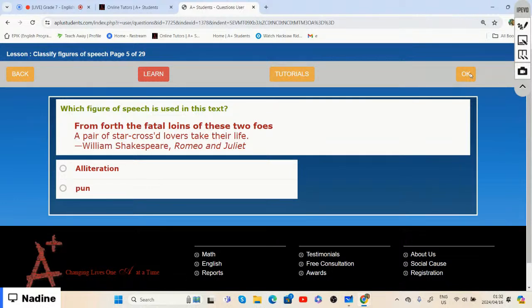From forth the fatal loins of these two foes, a pair of star-crossed lovers take their life. Is this alliteration or is this a pun?